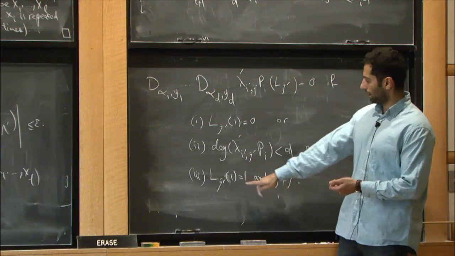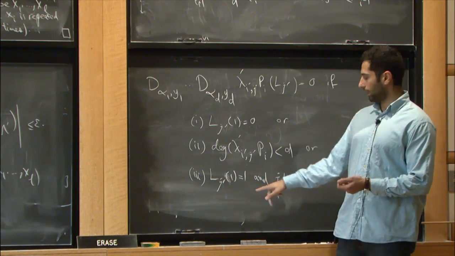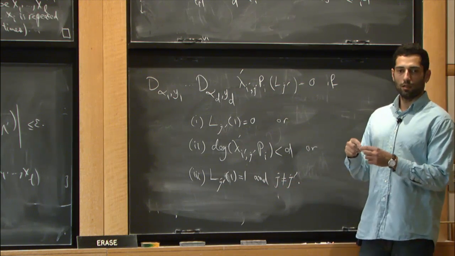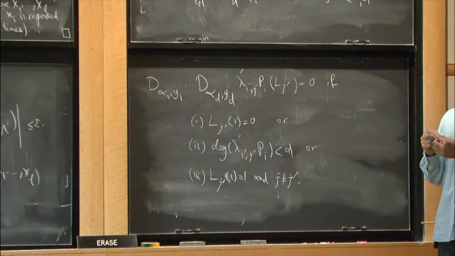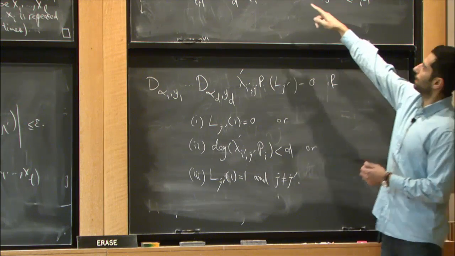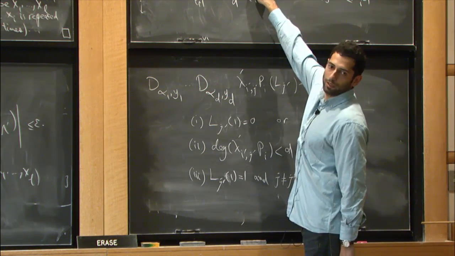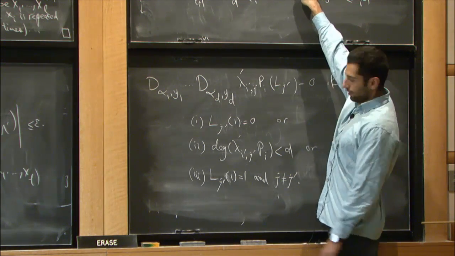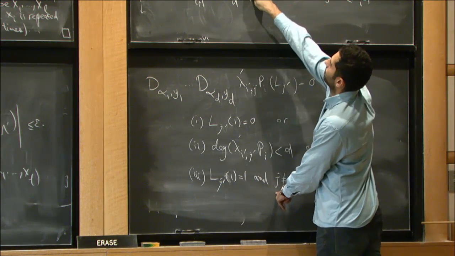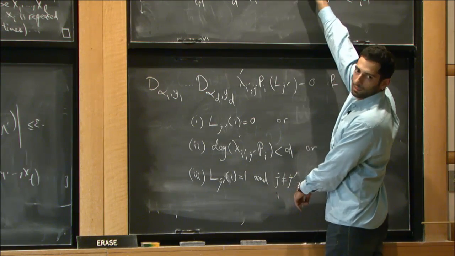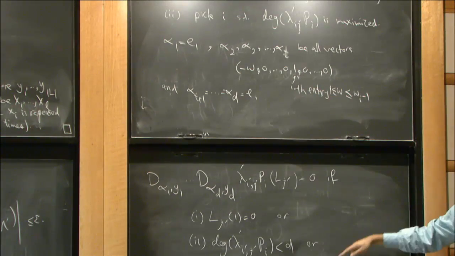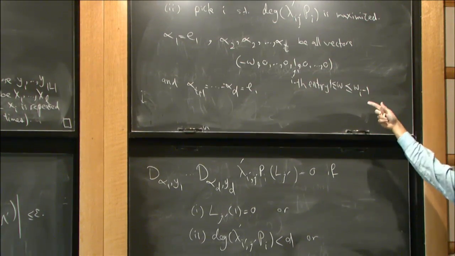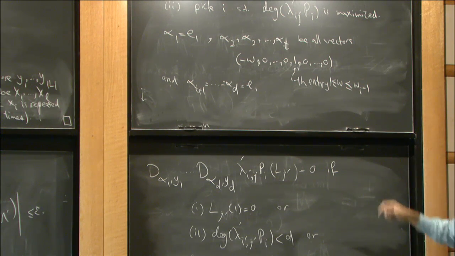But because they are equal in the first entry and L_j is of maximum weight, L_j prime must have a lower weight entry. And we are taking a derivative at that weight minus w and exactly that index. And L_j prime's first entry is equal to 1, so minus w times that entry will be 0. So these are going to be orthogonal. There is going to be some direction that's orthogonal to it.